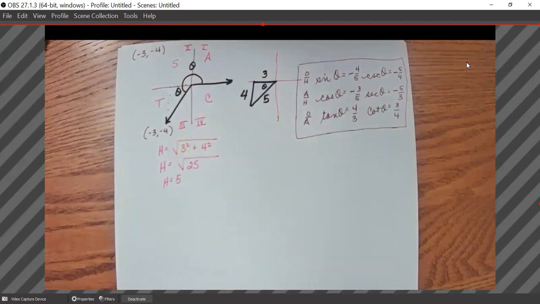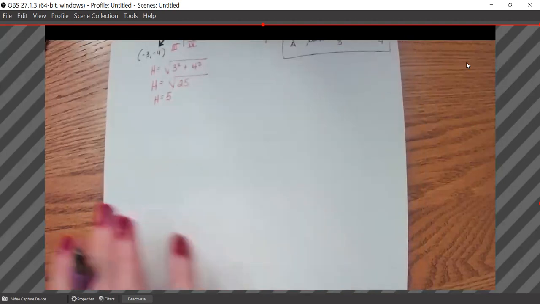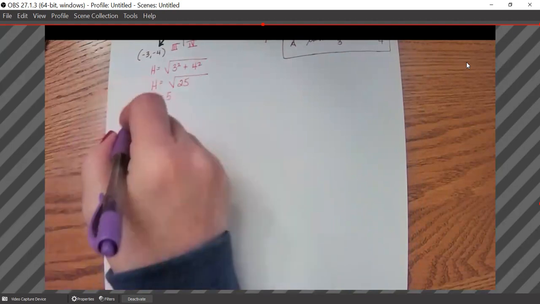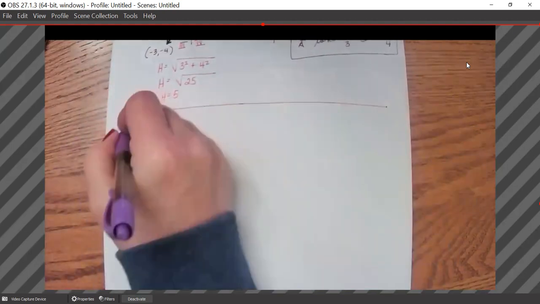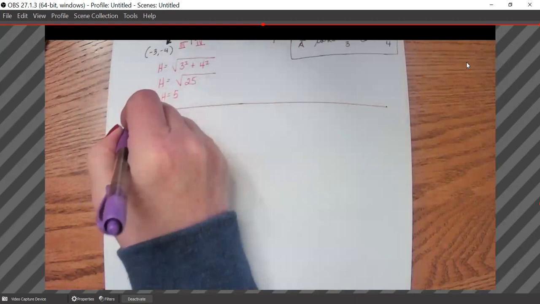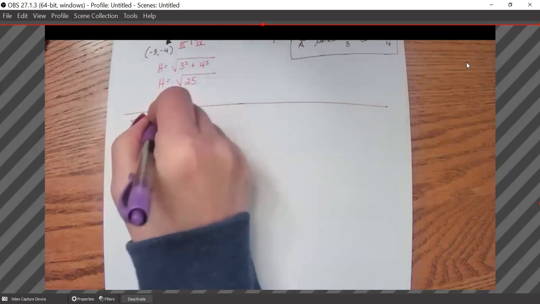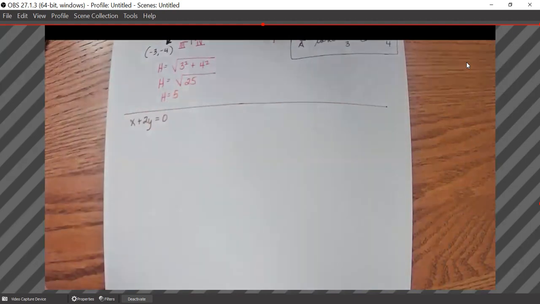Okay, let's go on to example 3 on page 143. Here they want us to find the 6 trig functions for angle theta in standard position if the terminal side of theta is defined by x plus 2y equals 0.